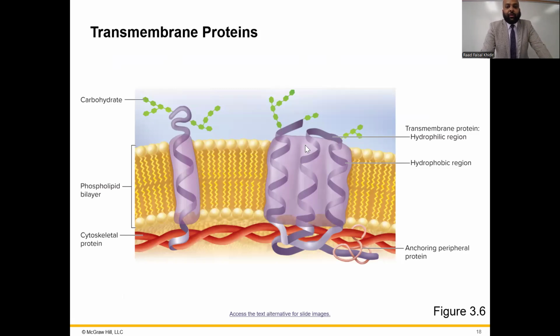Please remember that the top part of the transmembrane protein is touching the water, so that's hydrophilic. The bottom part is touching the water also, that's hydrophilic. The part in the core, in the middle, is the one that's hydrophobic.